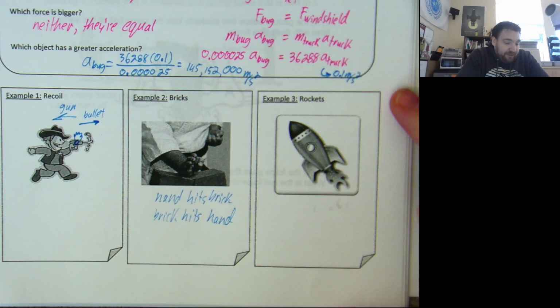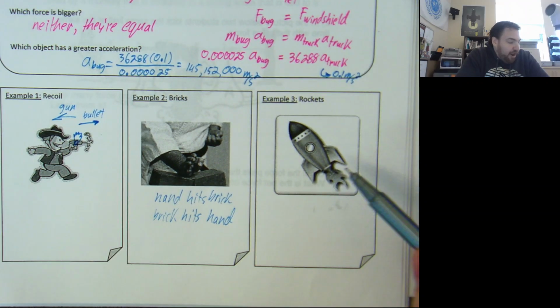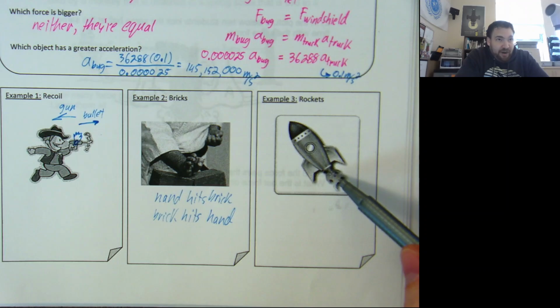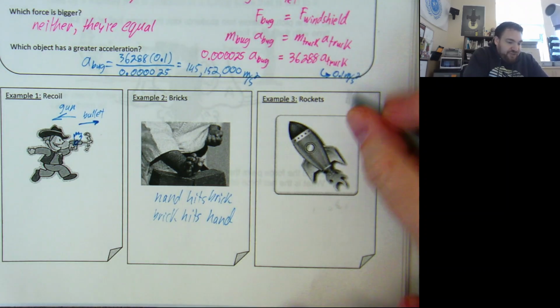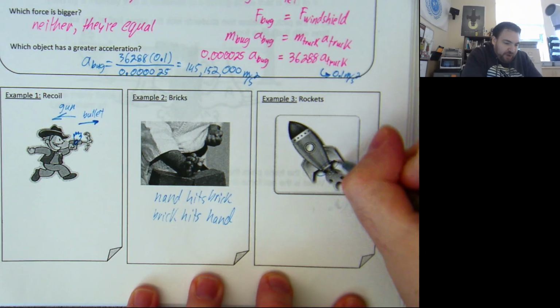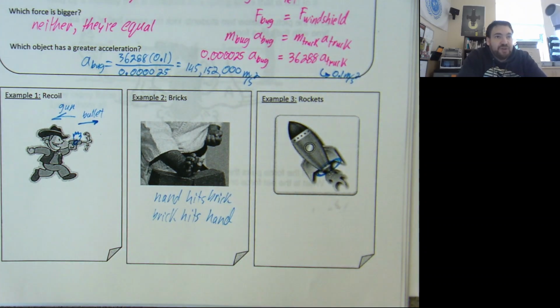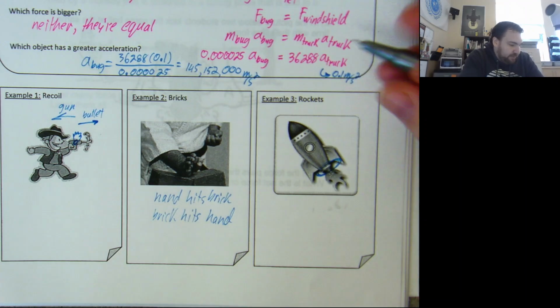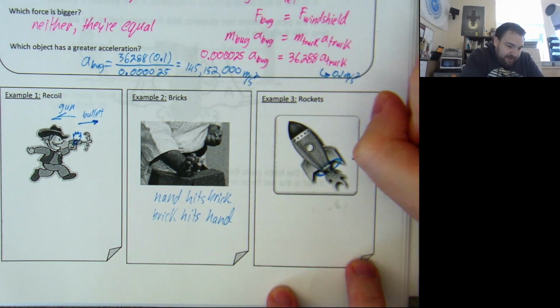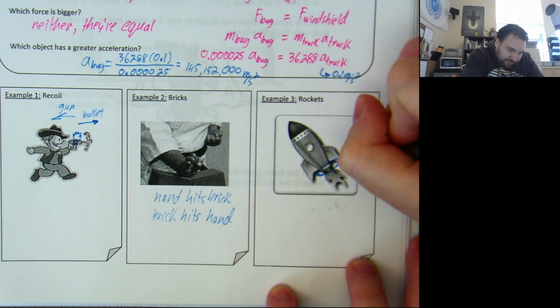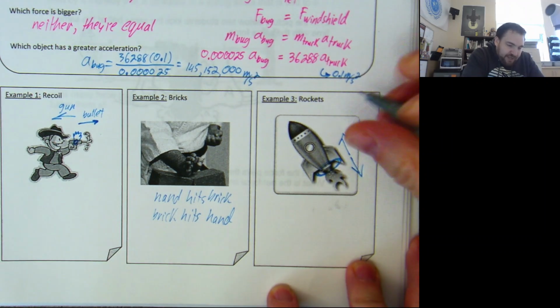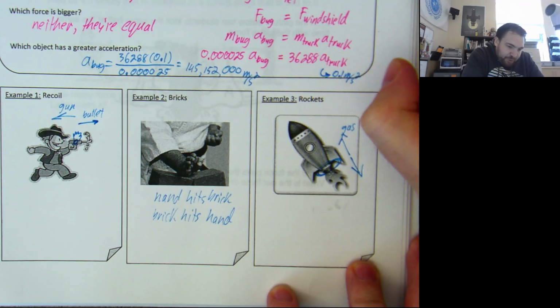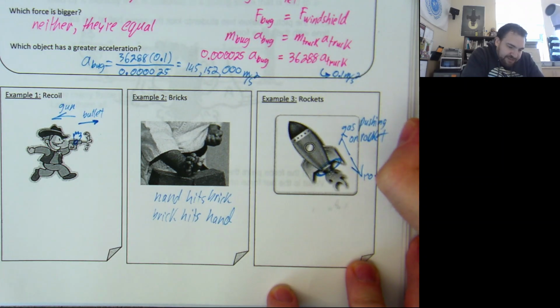And a rocket is similar. A rocket isn't pushing on the air. Just like in the gun, there's an explosion going on in here constantly. Fuel is being burnt and exploding. You get a force this way and a force this way. You get gas pushing on a rocket, and you get a rocket pushing on the gas.